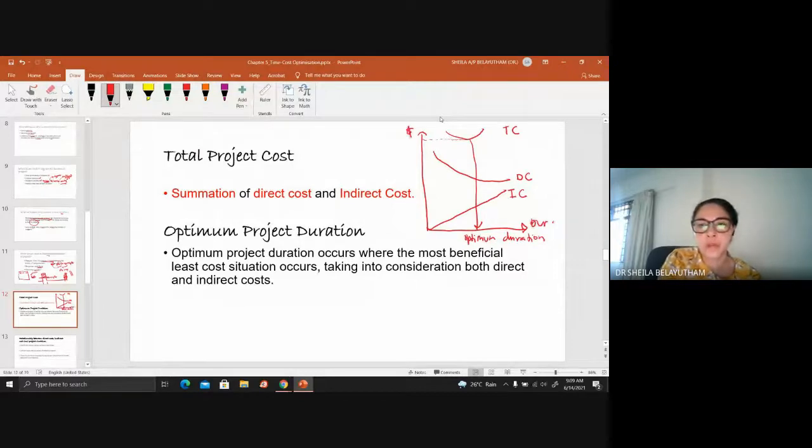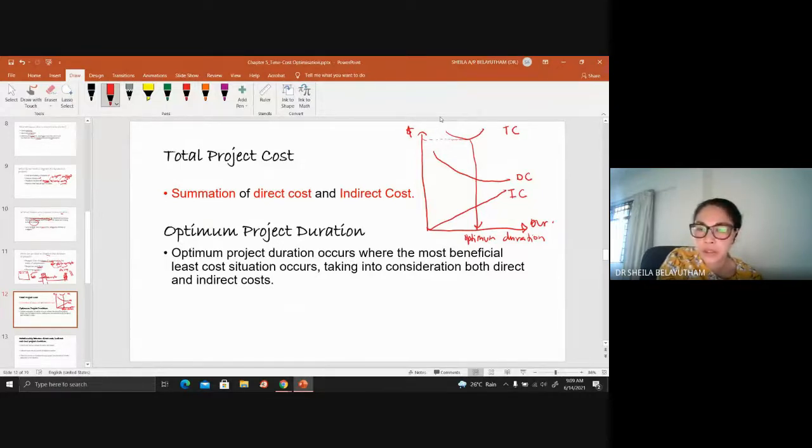Okay, so if you put it in a diagrammatic form, you will be able to find that your indirect cost usually is the lowest. So you will have here, and your indirect cost will increase when your duration increases. And then you have your direct cost. Okay, so that is the opposite of the duration.